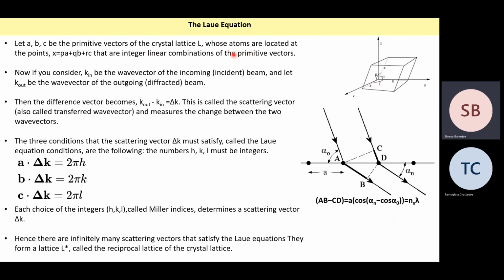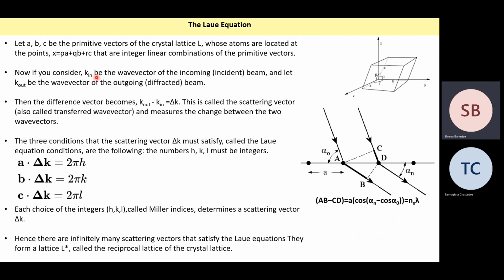So any atom in this lattice can be represented as x equal to pa plus qb plus rc, where p, q, and r are constants, and a, b, and c are the dimensions of the unit cell. So you can represent any atom in this crystal with this formula.